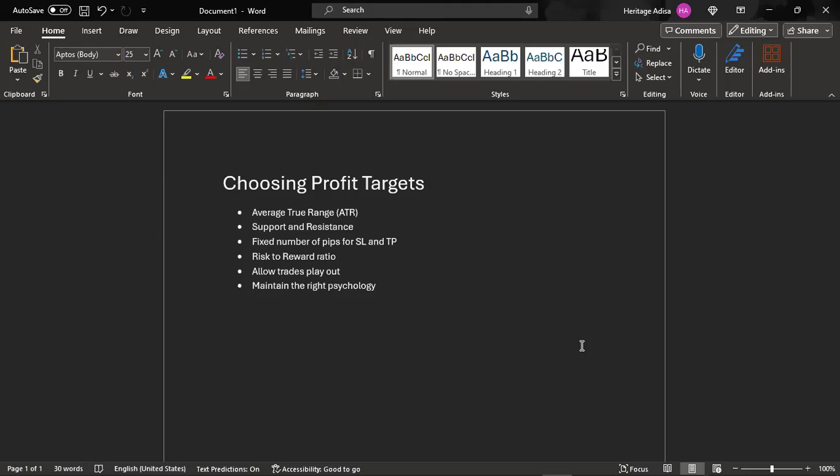Very quickly, you see, profitability in the market, first of all, is not based on your number of pips in your targets. Whether you make profit or not is not because you put 30 pips as your profit target or 20 pips as your profit target. That's not the case. Profitability stems back to your decision making.